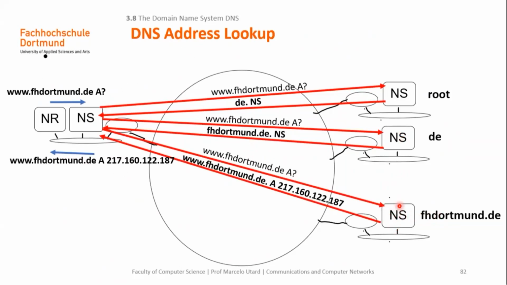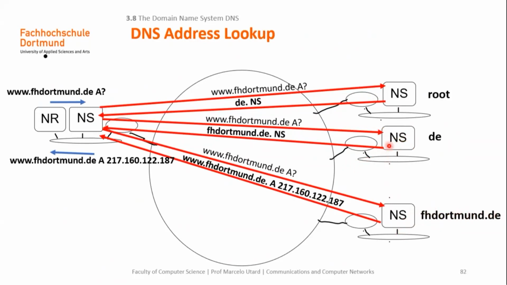But the authoritative name servers of this zone have to be stored permanently in the parent zone, at least when the name servers are identified with fully qualified domain names that include the zone name.